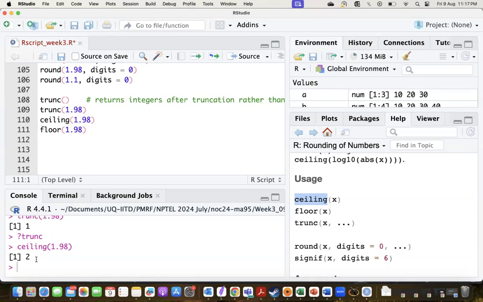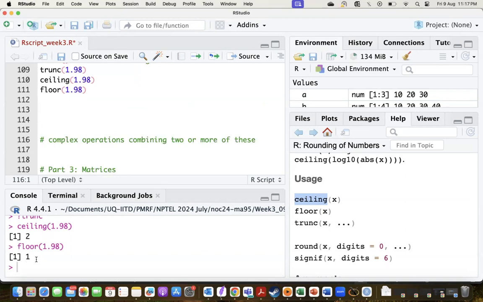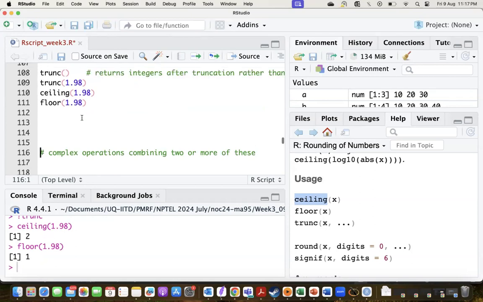Ceiling, as you can see, is the next highest integer, and floor was the lower integer. Again, it depends what sort of code you're writing. Somewhere, if there are decimal values, you always want the next higher number. Sometimes you always want the previous lower number, right? In those cases, you can take a look at truncation, ceiling, and floor.